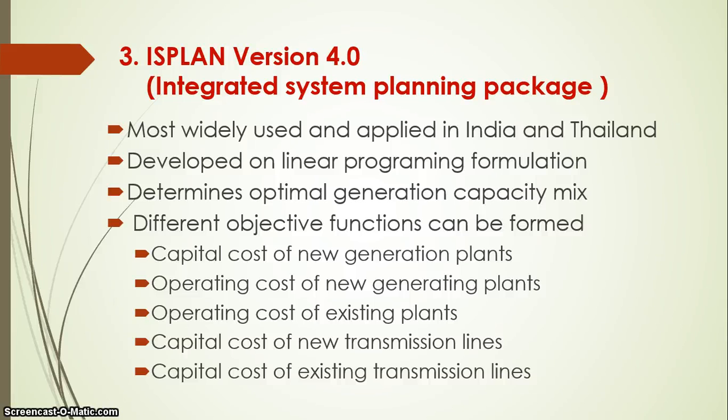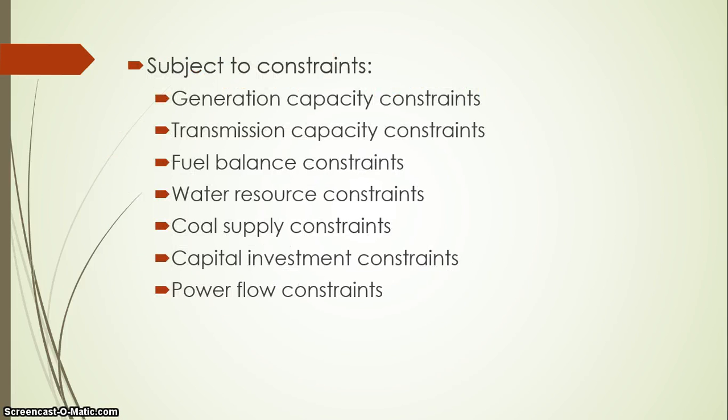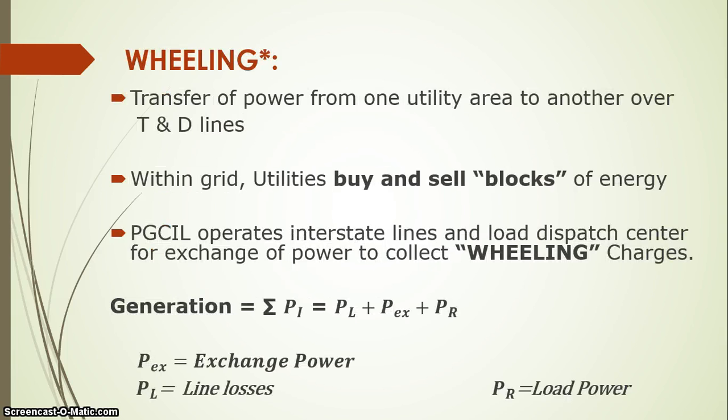Many of the objectives listed here, 5 objectives related to generating plants, new, existing, transmission line, new, existing, can be solved using linear programming formulations, and the software can take many of 7 constraints into picture.